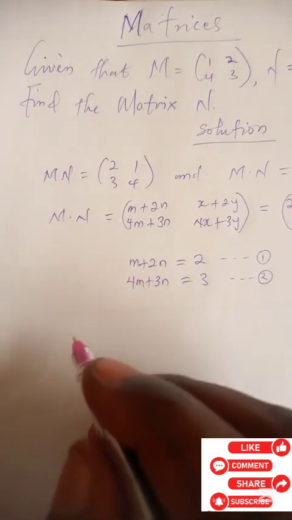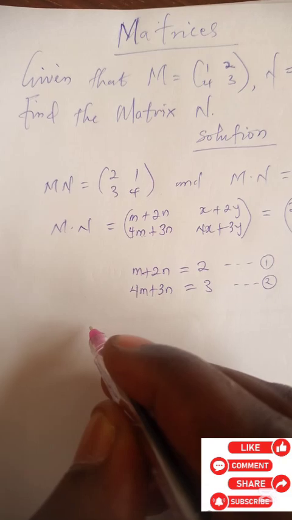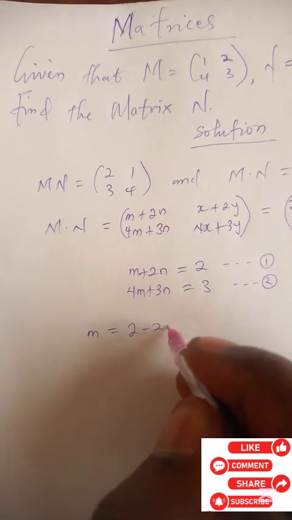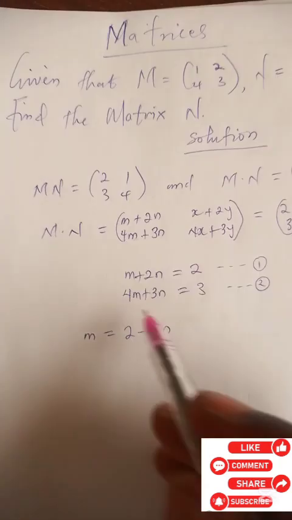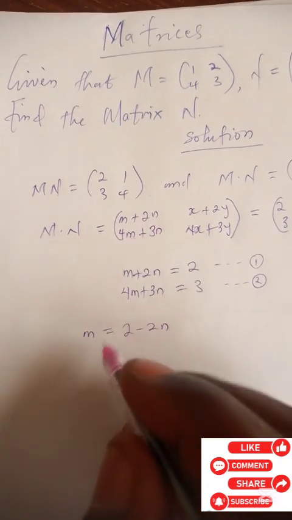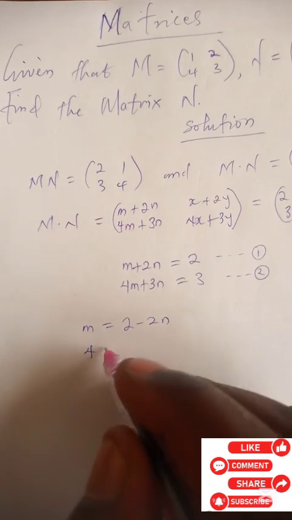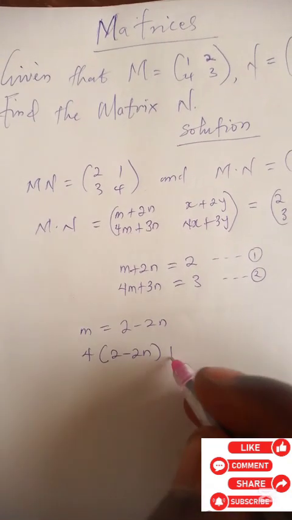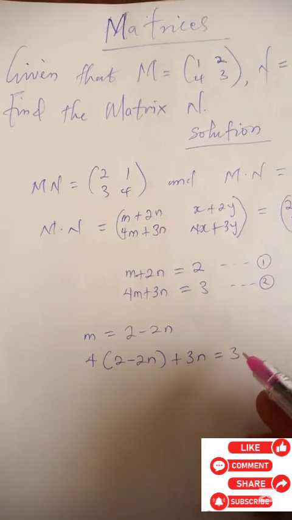So here we can say from equation 1, our m will be equal to 2 minus 2n. So this value can be substituted into equation 2. Therefore, we'll be having 4 open bracket, our m becomes this value, 2 minus 2n, close bracket, then plus 3n is equal to 3.